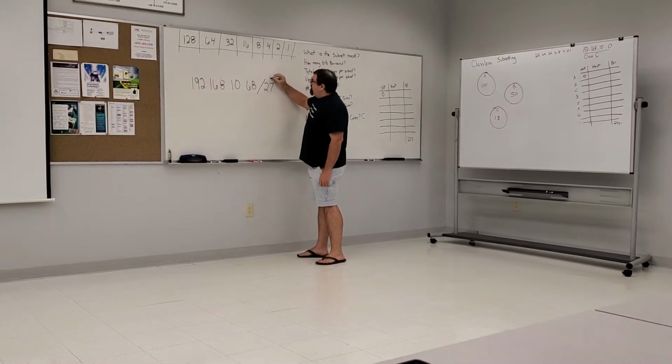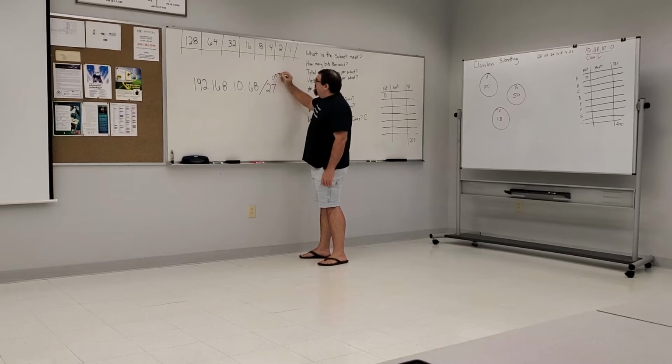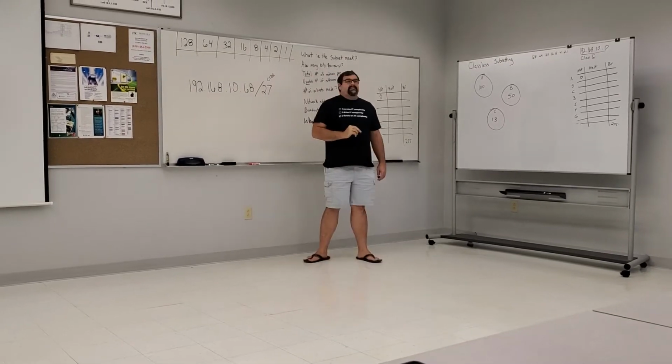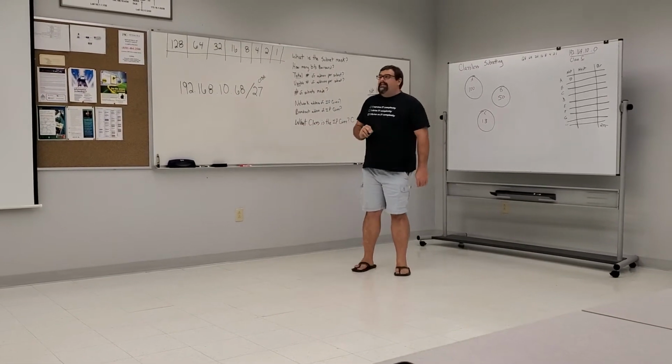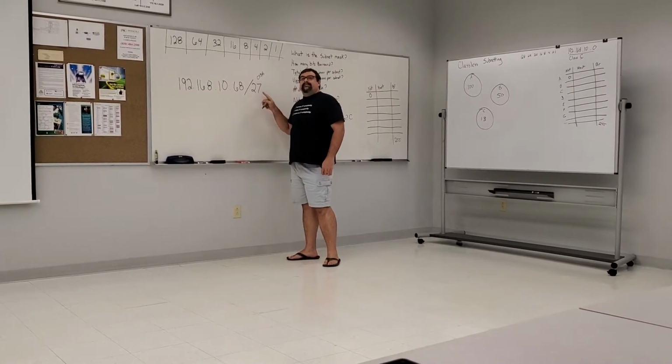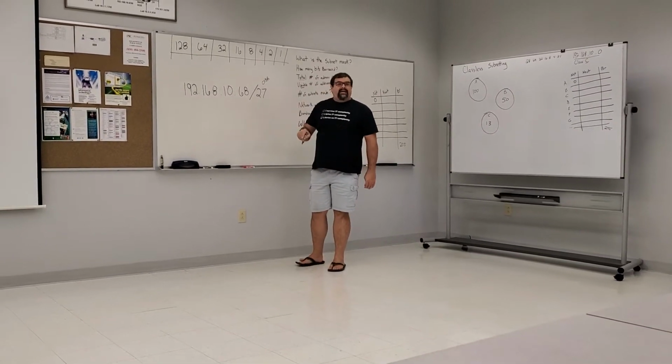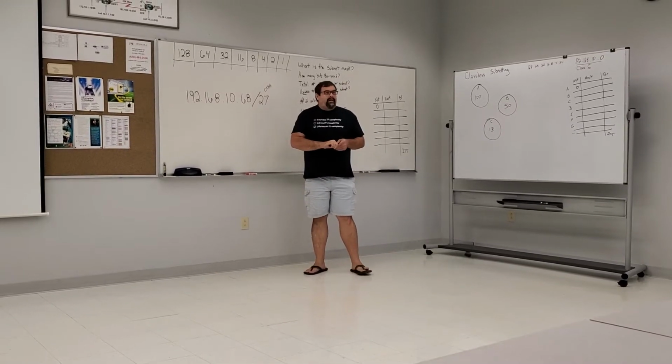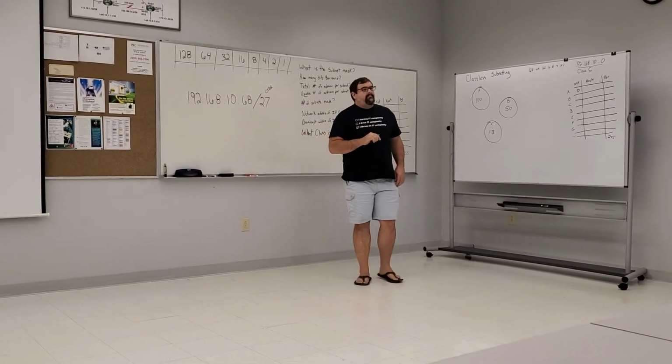This, if you'll remember, is a CIDR, C-I-D-R. And what this number tells us is how many bits are turned on with the subnet mask.